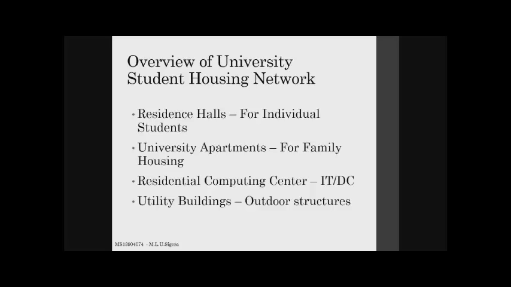Let's start with the overview of the university student housing network. This hypothetical university basically provides accommodation for university students and staff. There are 4 main types of buildings in the university: residence halls, university apartments, residential computing center and utility buildings.